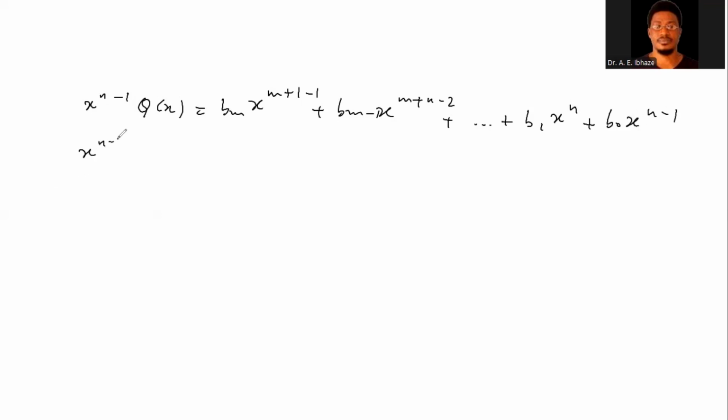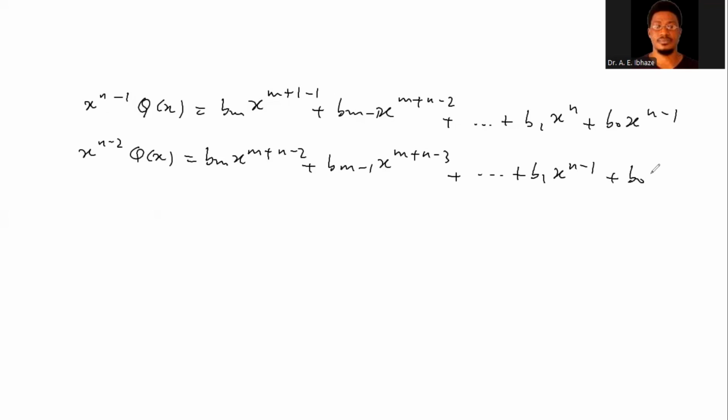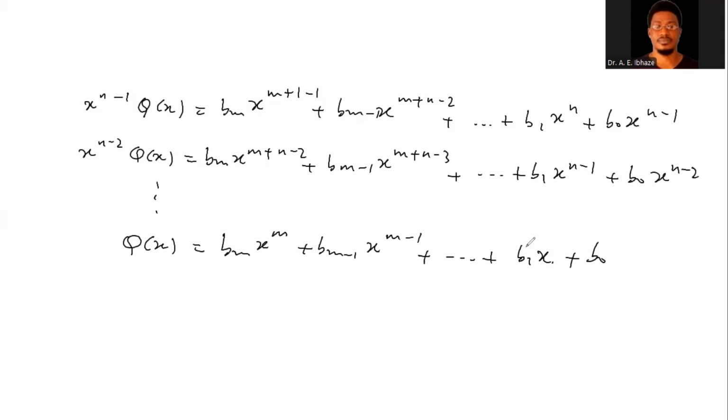Then we have S^(n-2) q(x) being the same as B_m S_(m+n-2) plus B_(m-1) S_(m+n-3) plus all the way to B1 S_(n-1) plus B0 S_(n-2). So we have this all the way to q(x) being the same as B_n S_m plus B_(m-1) S_(m-1) plus all the way to B1 S plus B0.